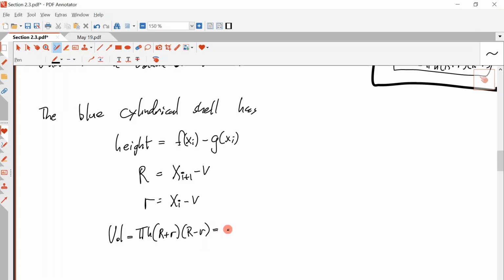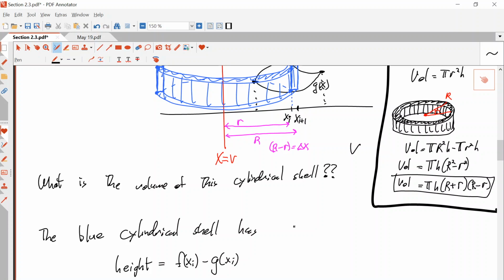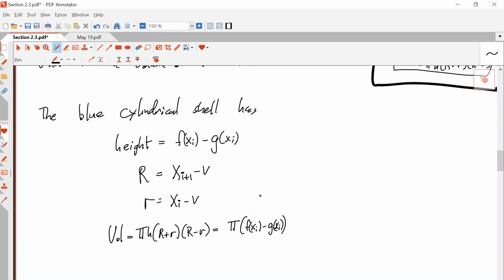So this is equal to pi, and then the h was f of x_i minus g of x_i, the height and the difference between the functions, times big R plus little r.